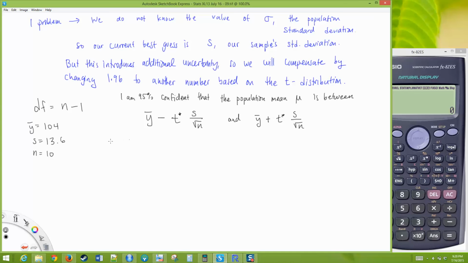Okay, and so t star, so instead of 1.96 I'm using t star, and so t star comes from the t table, with degrees of freedom equal to n minus 1 and the confidence level of our choice.